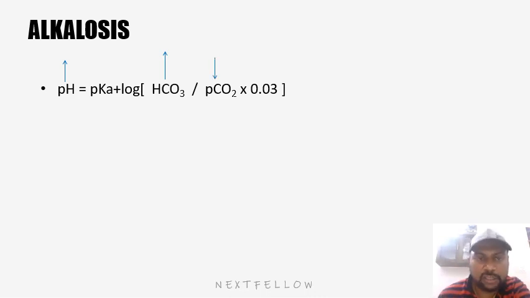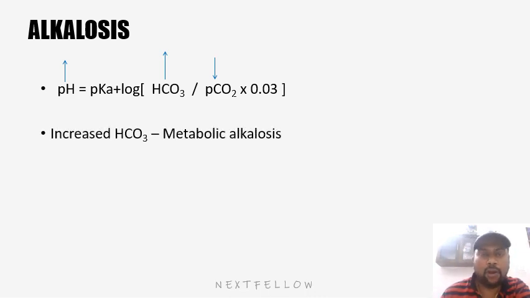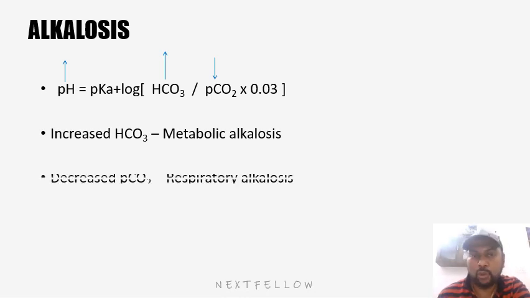If the alkalosis is due to excess bicarbonate in the blood, then it is called metabolic alkalosis. At the same time, if it is due to decreased PCO2, then it is called respiratory alkalosis. So these are the four major acid-base disorders: metabolic acidosis, metabolic alkalosis, respiratory acidosis, and respiratory alkalosis.